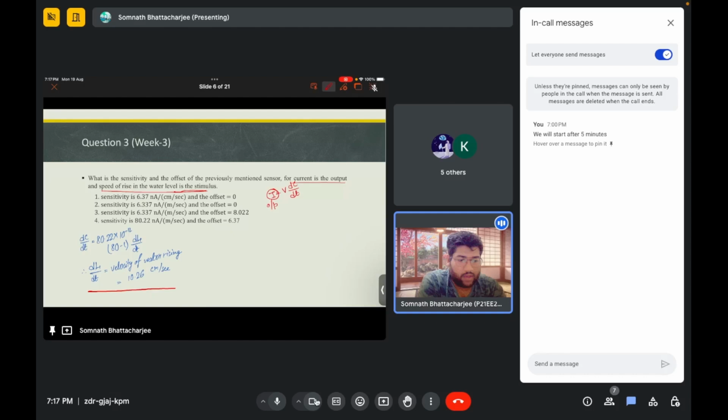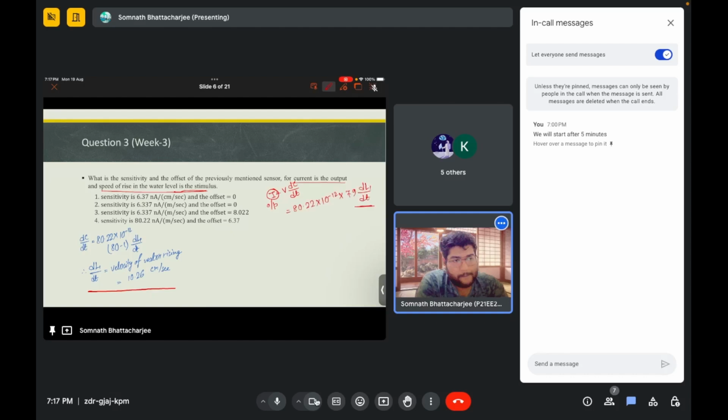Let me calculate this first. So this was 80.22 into 10 to the power minus 12 into 79 into dL1/dt, right? This was the value, and we already know the value of dL1/dt.